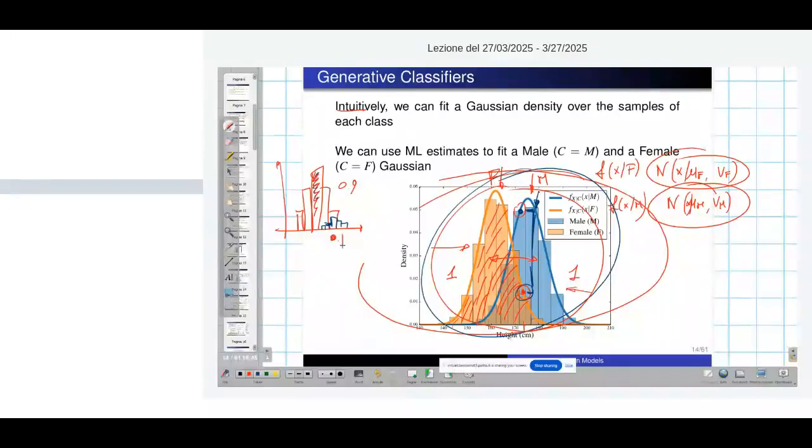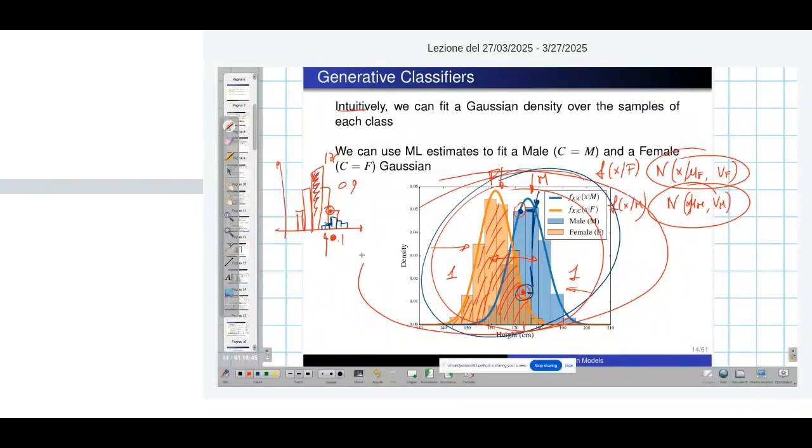So the density is scaled by the prior probability. Which means that if I have somebody who is 174 tall, there is more chance to see a female that is 174 tall than a male who is 174 tall.